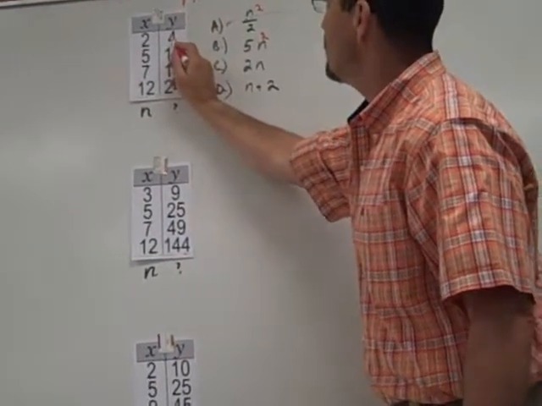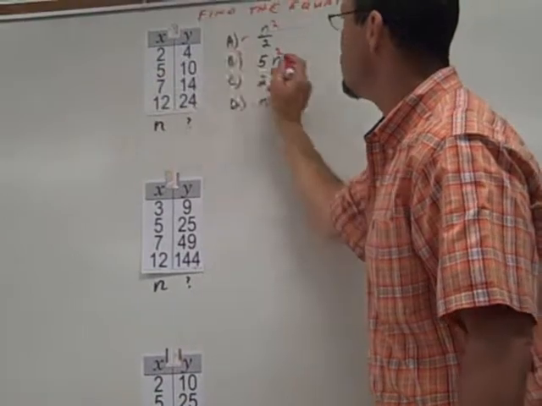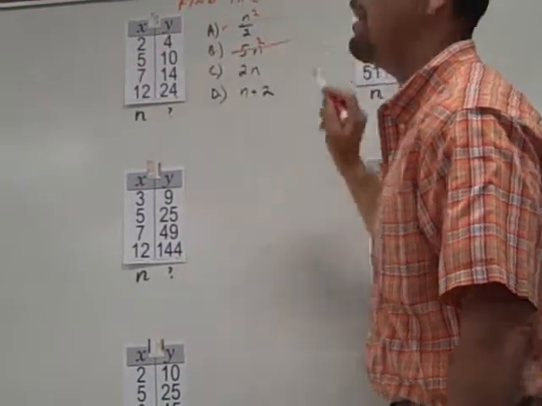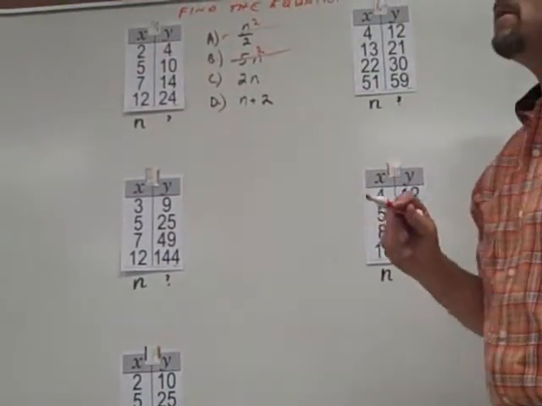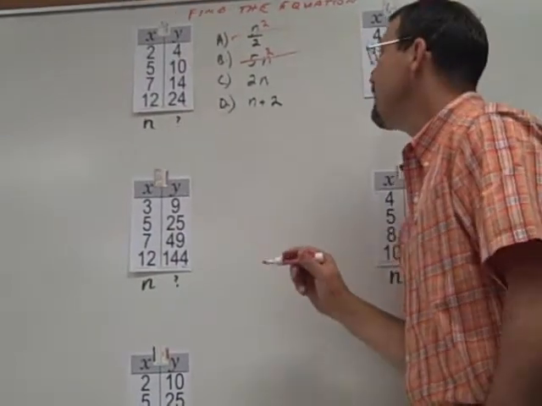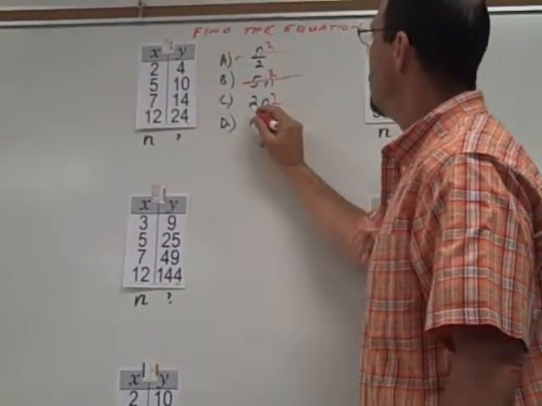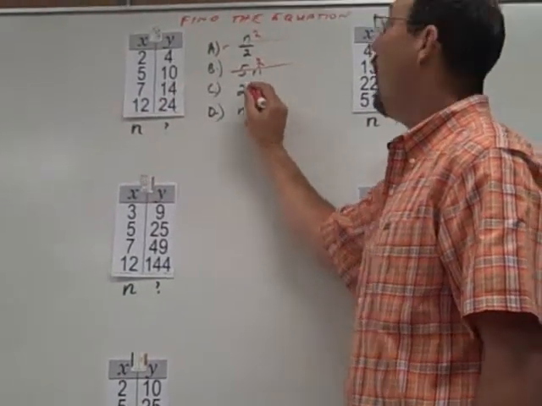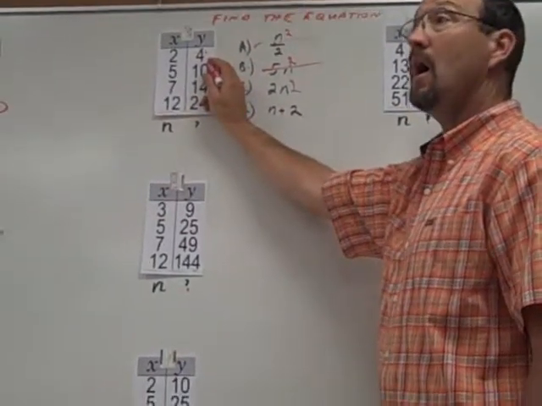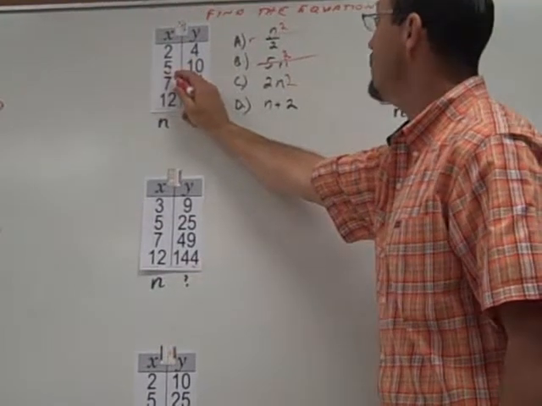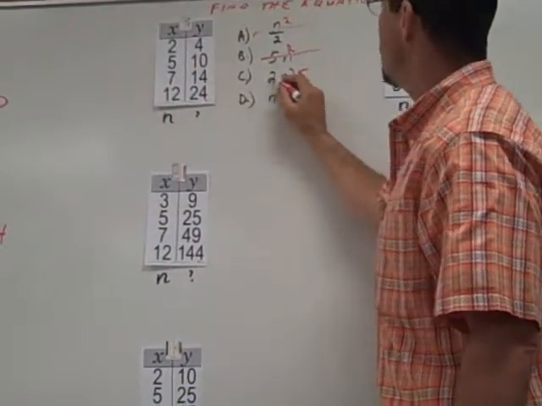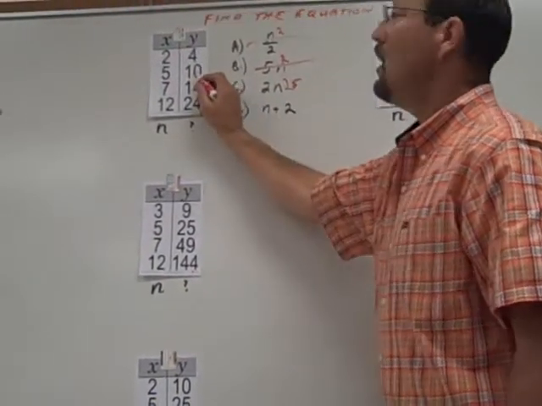But we're supposed to get 4. When I put 2 in, I'm supposed to get 4. Okay. Put the first number in the next answer. 2 times 2. Okay, plug in the next one. 5. 2 times 5. 10.